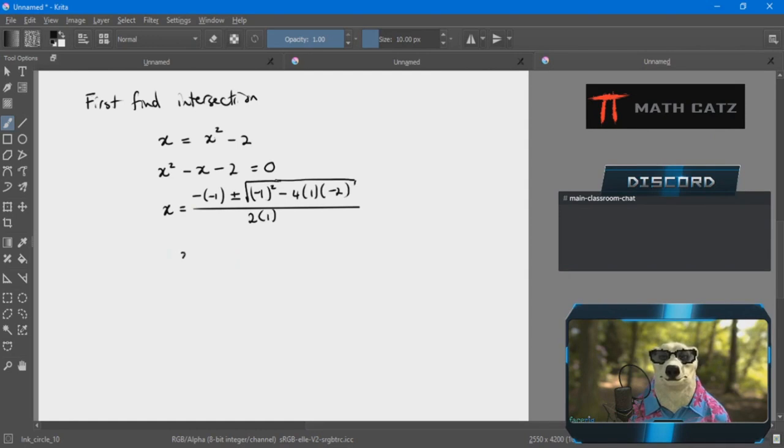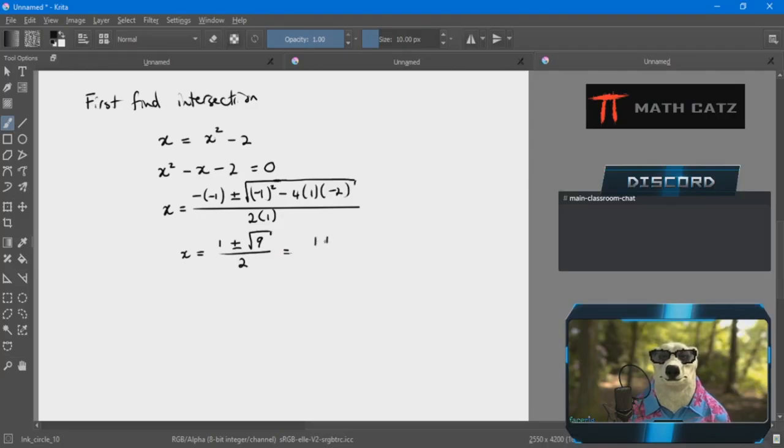Now this simplifies a lot. Before I worry about the calculation, x equals 1 plus or minus. I like to figure out what's in the square root first so the calculation doesn't get too messy. I have a 1 and I have a plus 8. So 9, over 2. Did I pick a really nice one? Wow, that's nice.